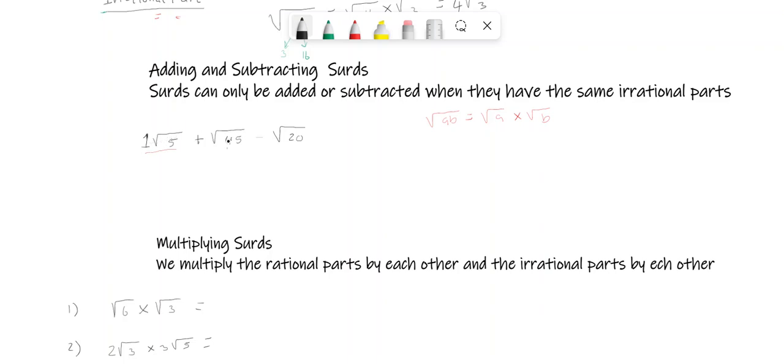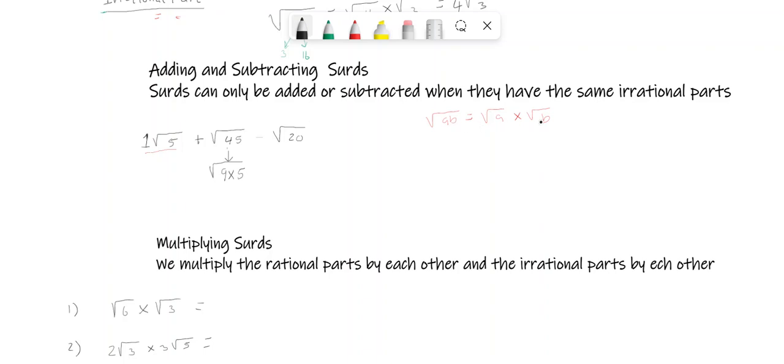But what we can do is move on to this one and start to simplify it. What's another way we could write this? We can write the square root of, so what are the factors of 45 if we have 5 as one of the factors? What's the factor pair? We have 9 multiplied by 5. So the square root of 45 is equal to the square root of 9 multiplied by 5.